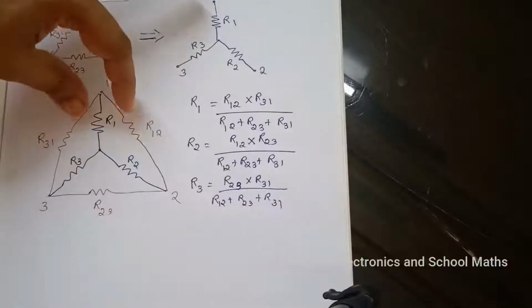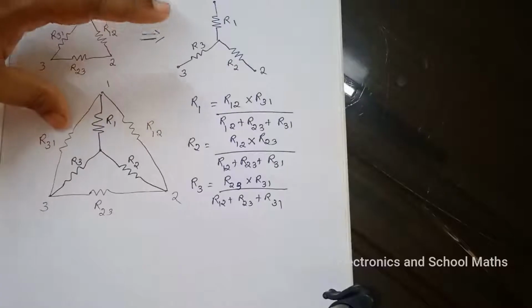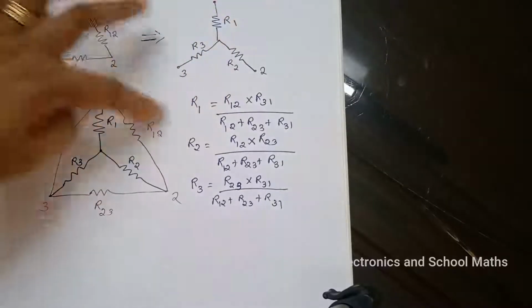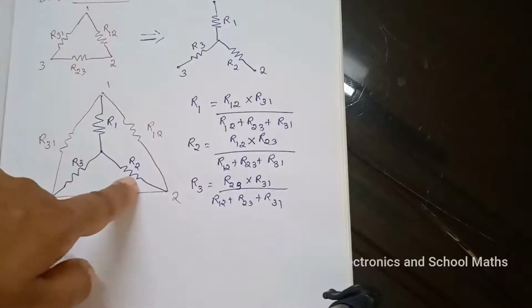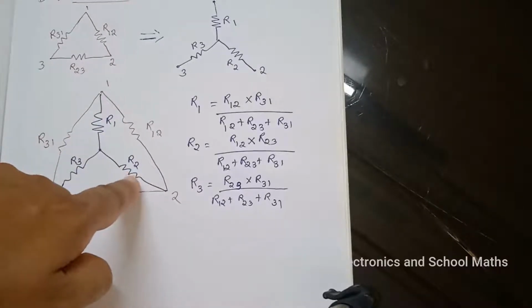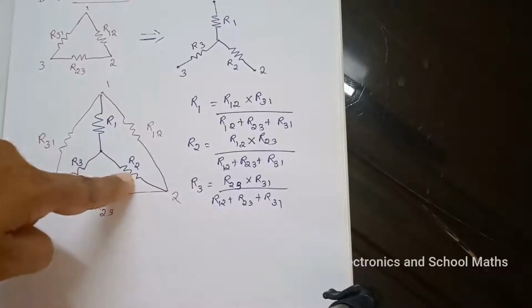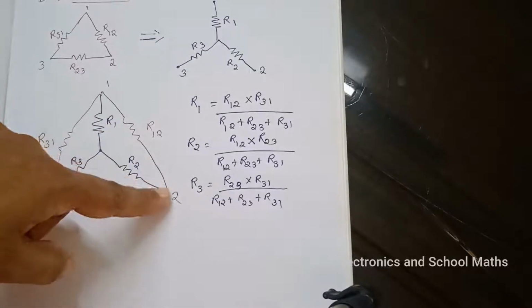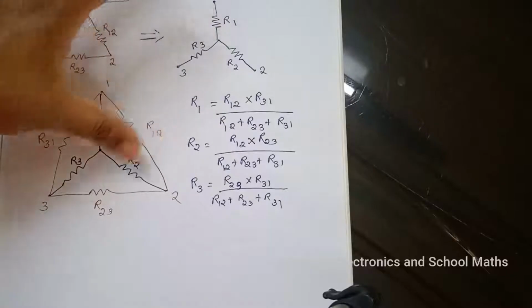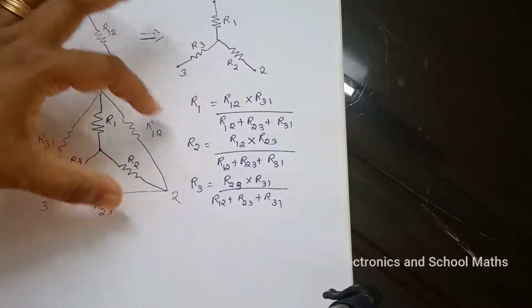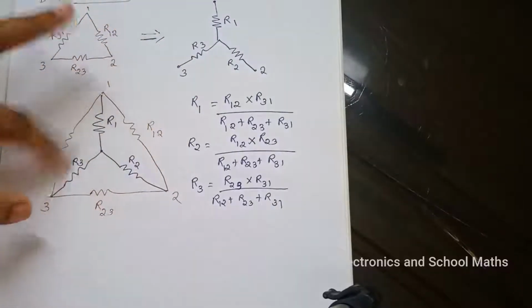So the product of R12 and R31 divided by the sum of the resistors. And in this case, if we have to find R2, then R2 will be equal to the resistors which connect to that point, R12 into R23 divided by the sum. Similarly, R3.